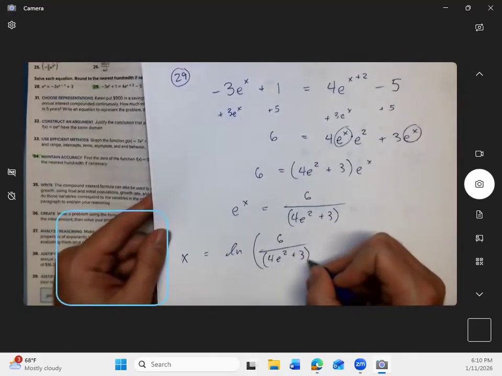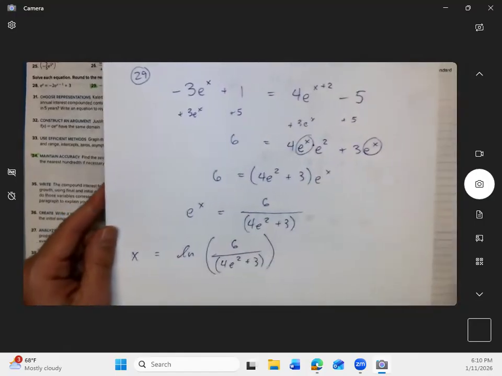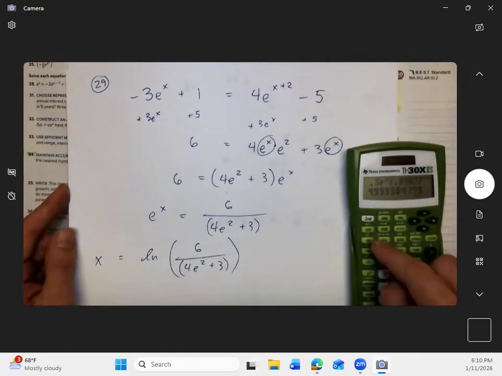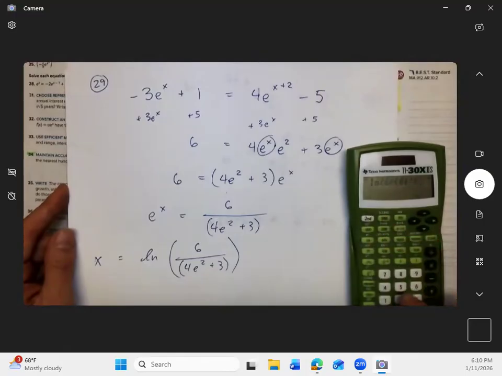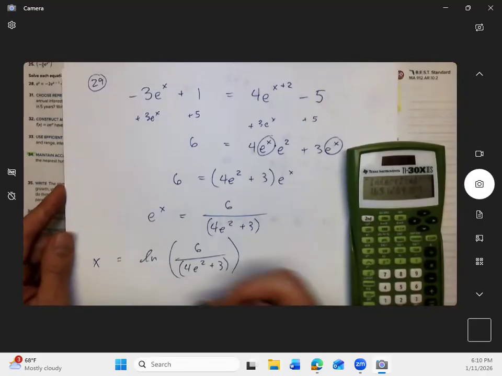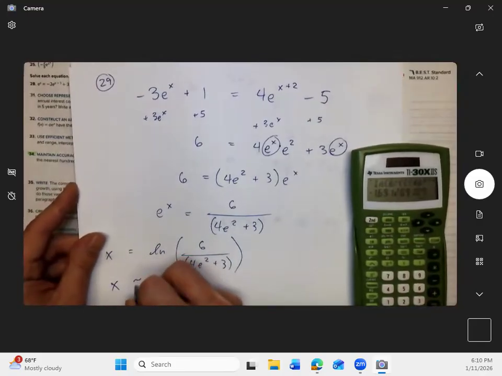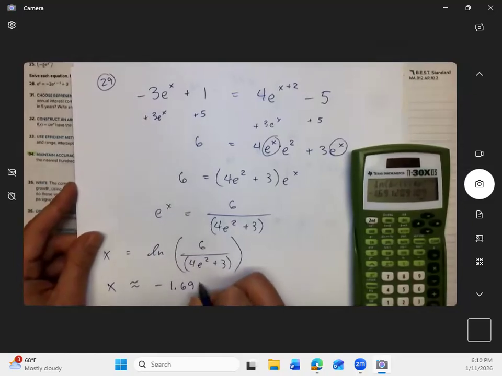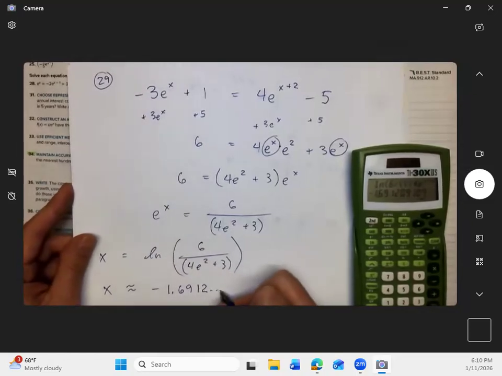Again, this is module 8, but let me see what number I get, and then I'll throw this into Desmos and see if it matches. So natural log of 6 over 4e squared plus 3. I'm looking at x as approximately negative 1.6912, something, something, something.